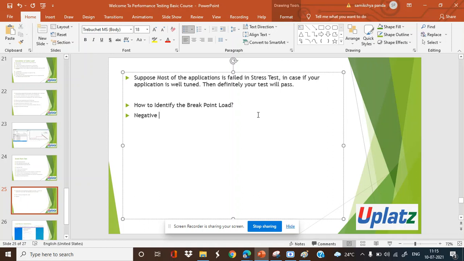So this is what a negative test case means. This is also negative testing because we want to break our application. Our primary objective is to break the application, so we don't go for any kind of steady state. We continuously ramp up the users until we find a breaking point.